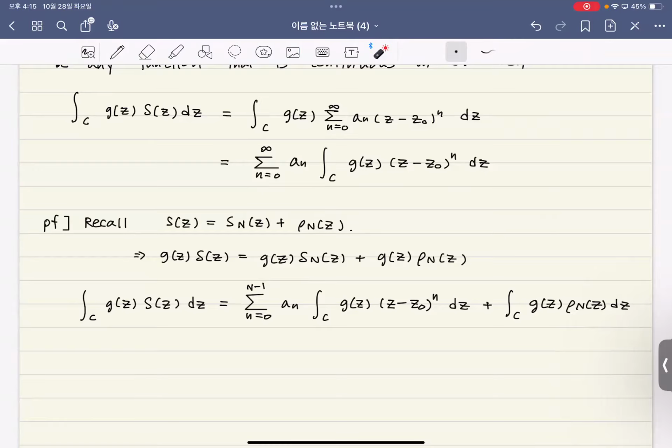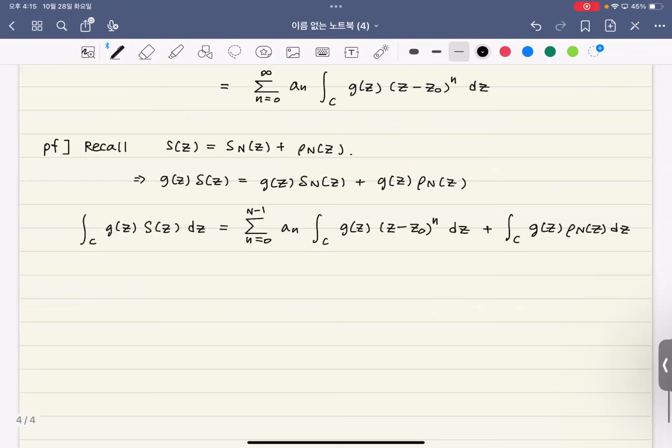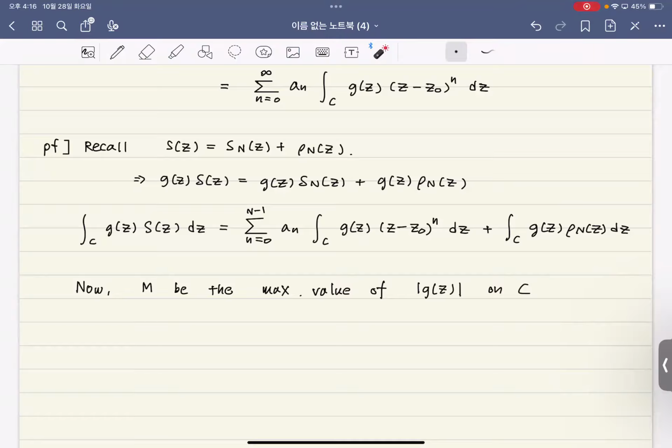Let M be the maximum value of the modulus of this function on this curve. This number is guaranteed to exist because this function is continuous. And let L be the length of the curve.